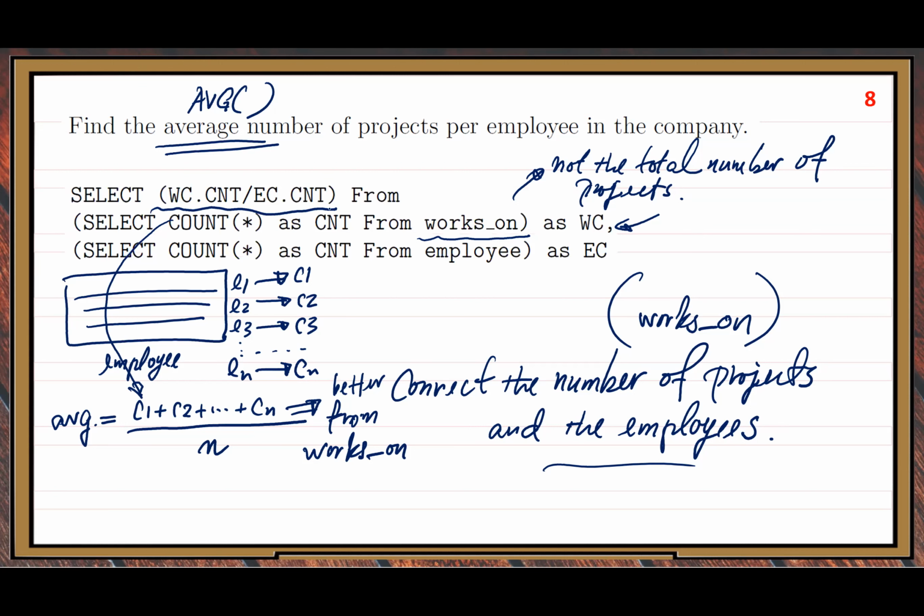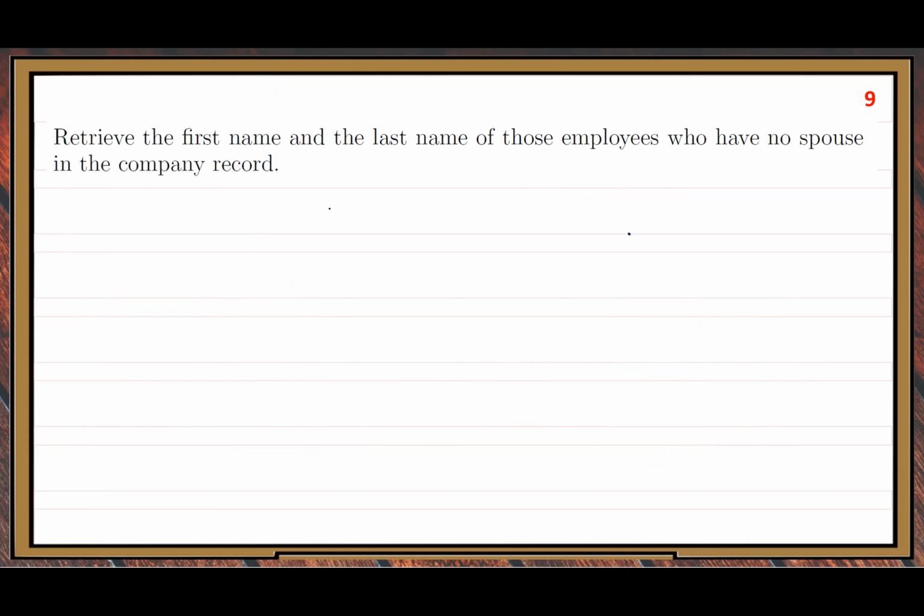All right, so next question. Retrieve the first name and last name of those employees who have no spouse in the company record. Some employees may not have a spouse in the dependent table for reasons we don't know.